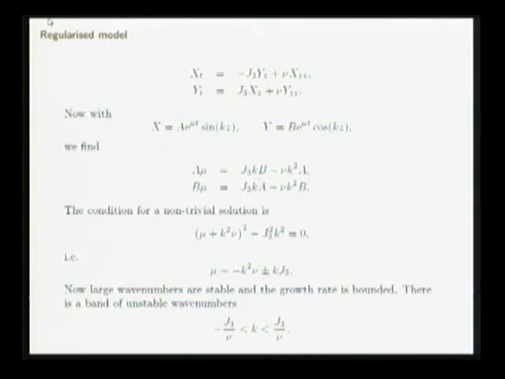And what that means is that the growth rate is now bounded rather than being unbounded. So it's still unstable. There are always values of k which give you a positive value of mu, but there's a maximum value of mu. And so it's not ill-posed, it's just unstable. So you find there's a band of unstable wave numbers, which is the modulus of k less than J3 over nu.